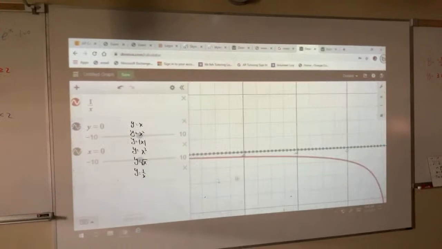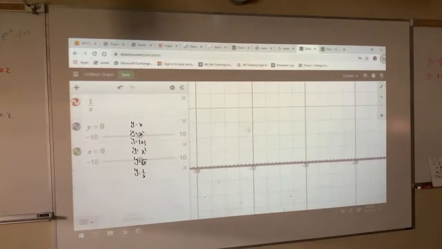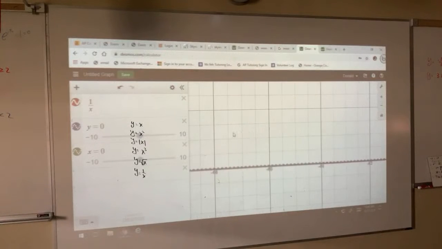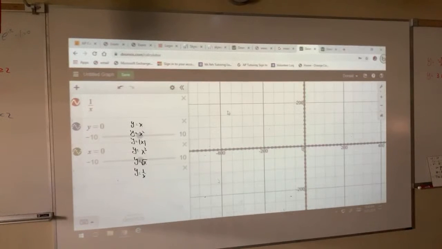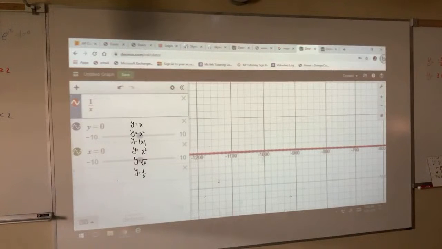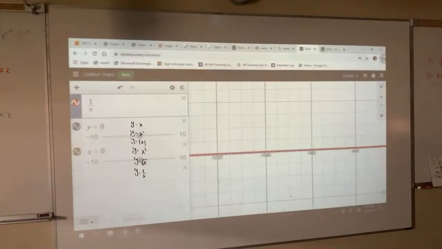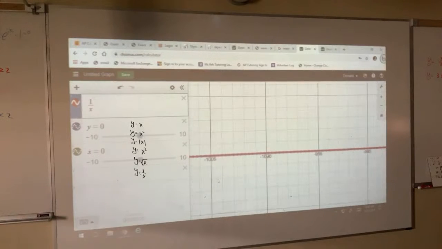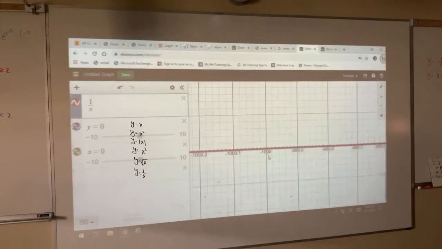You might say, okay, what if I go to negative 100? Let's say I go to maybe negative 400, negative 1000. Okay, so you see they look like they're touching the x-axis. But if I zoom in enough, that's a lot of zoom.